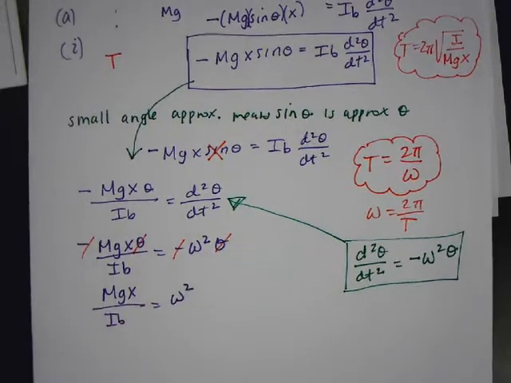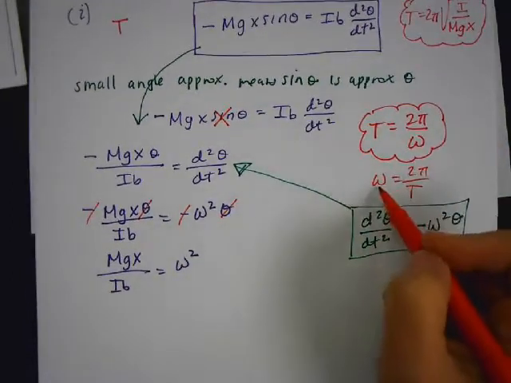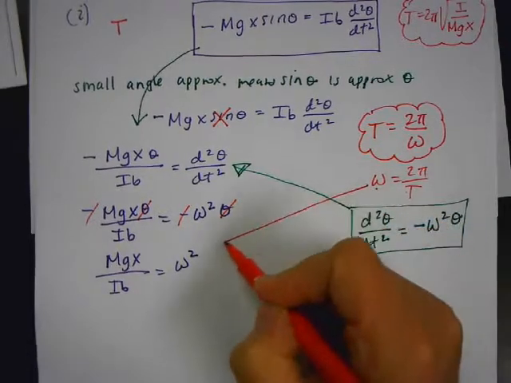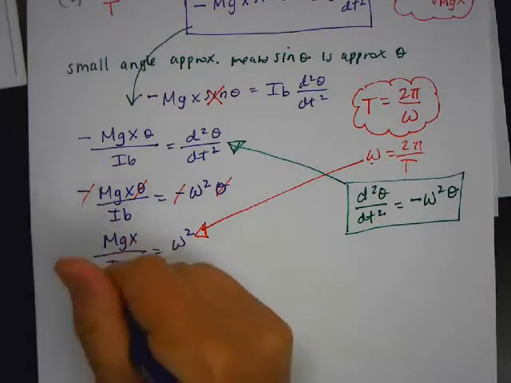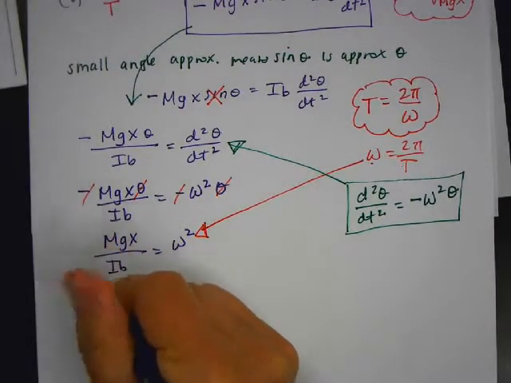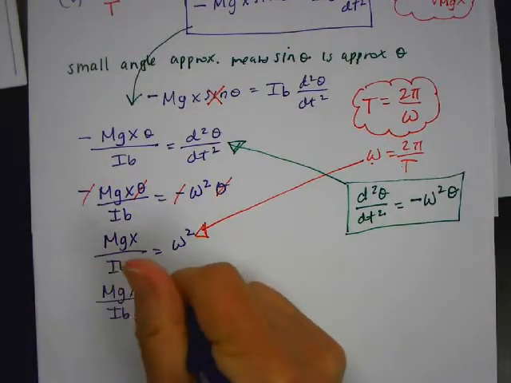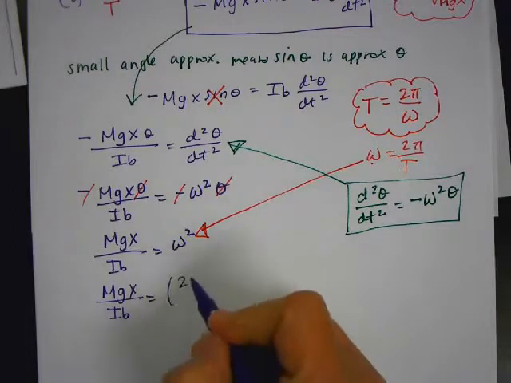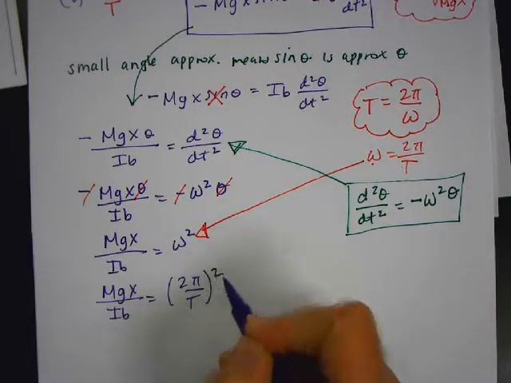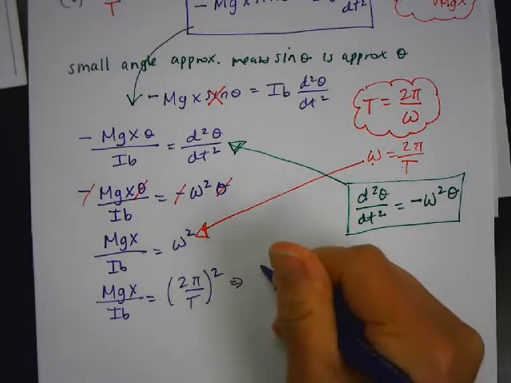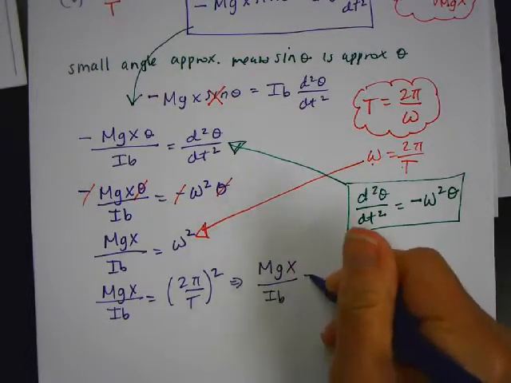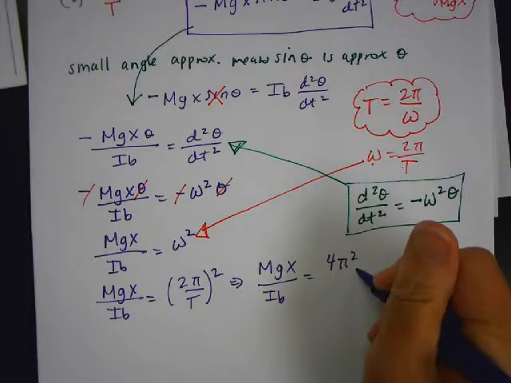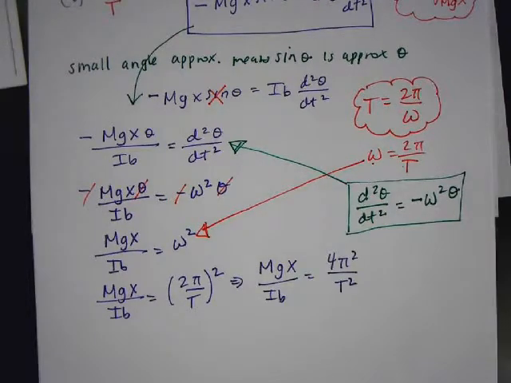So now at this point, I have omega in terms of T. I'm now going to substitute that in. So I'm going to have mgx over I sub b is equal to 2 pi over T, squared. So I'll multiply that out. mgx over I sub b is equal to 4 pi squared over T squared.